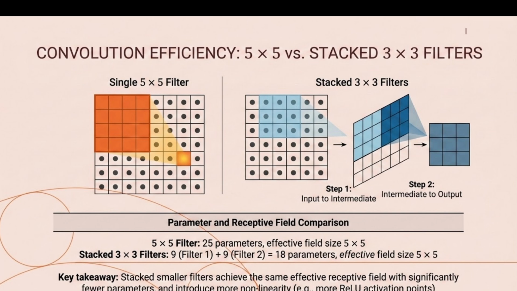VGG proved that two 3 by 3 filters cover the exact same spatial area as a single 5 by 5 filter, but with two massive advantages. First, it uses significantly fewer parameters, 18 weights instead of 25. Second, because the data passes through two layers instead of one, you get to apply two ReLU activation functions instead of one, giving your model much more nonlinear representation power.